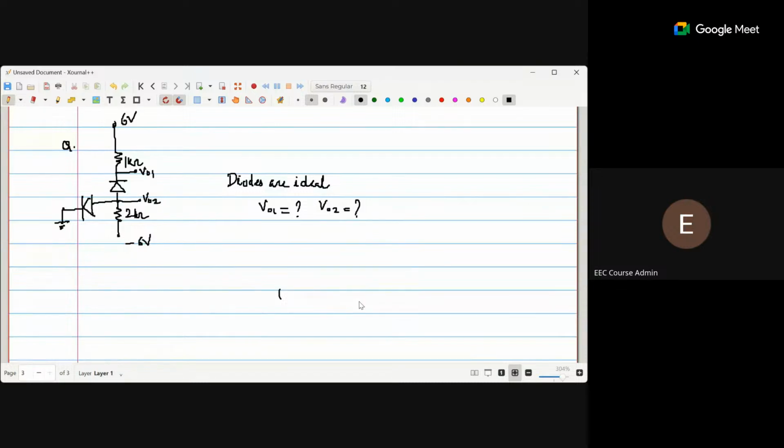Now in this question, again the diodes being ideal, find the value of V01 and V02.